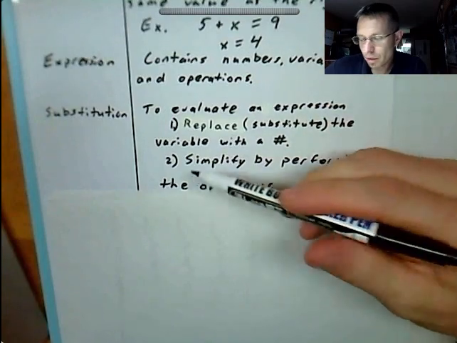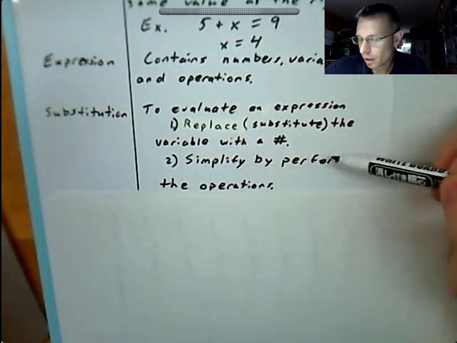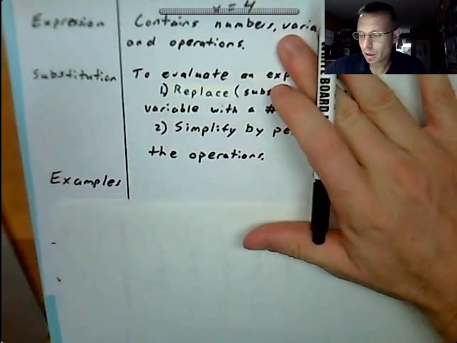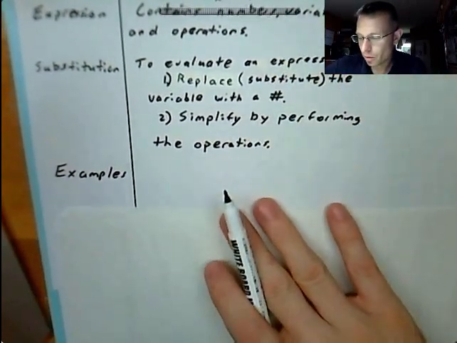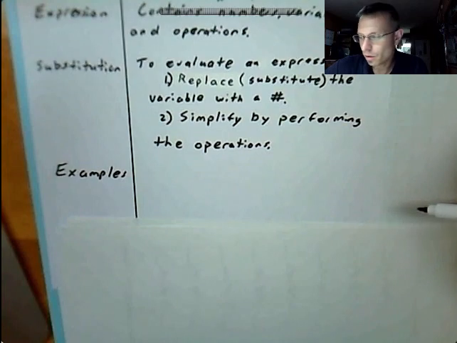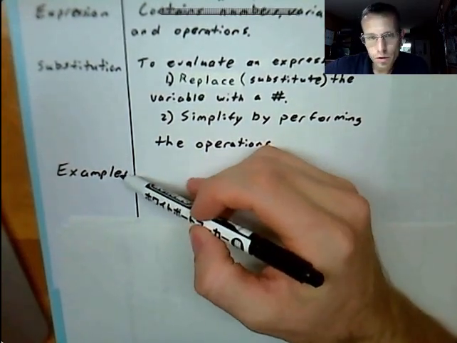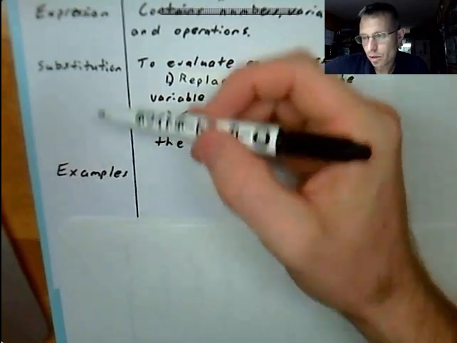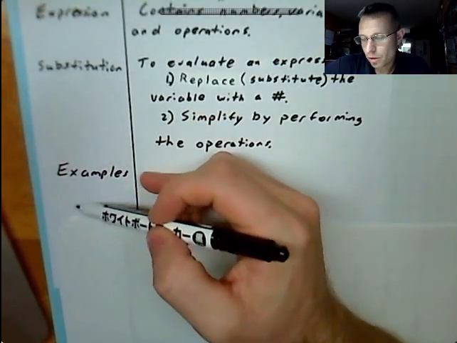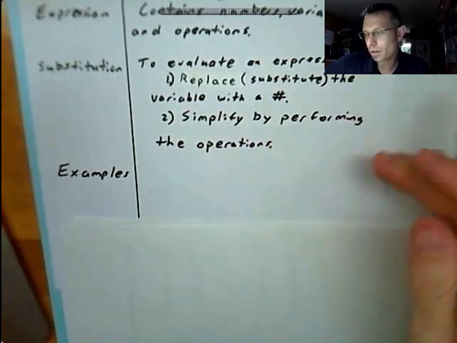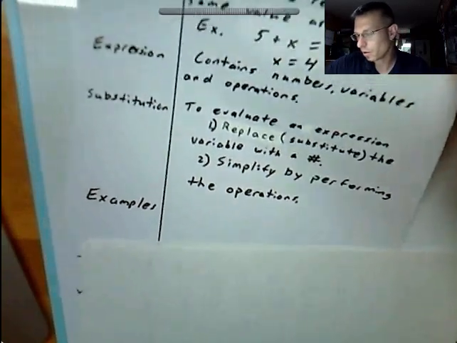And after you do that, you'd always want to simplify by performing the operations. So here's where you would put your examples in your notes, but I'm going to use the whiteboard for this. Again, write examples here on the cue or clue side of your Cornell notes, and then here you should write the following examples that I'm going to show you. So let's do a few of those.